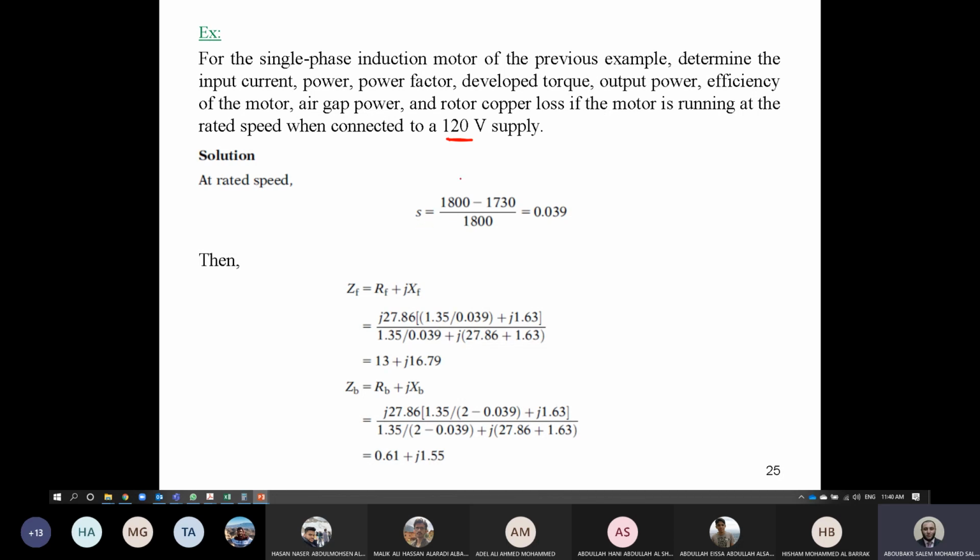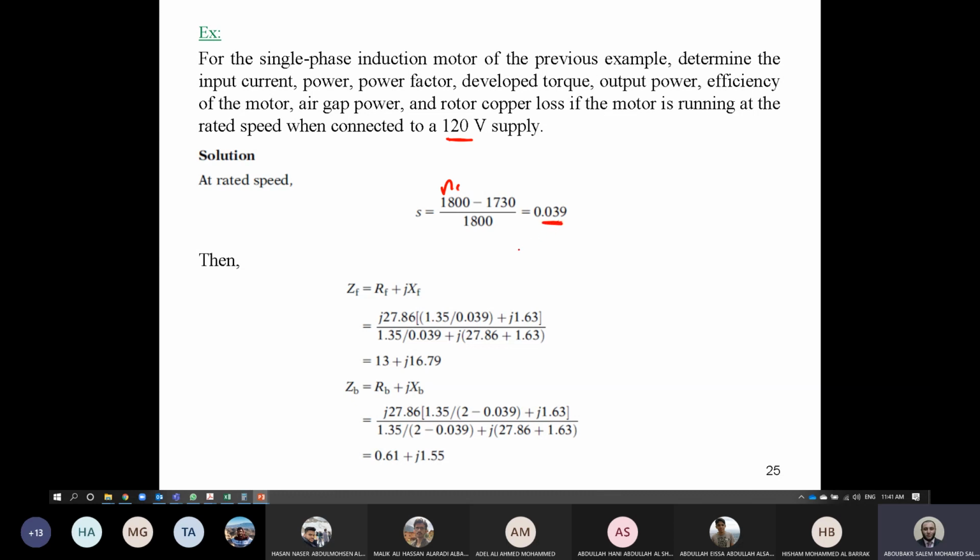So we can say now Ns here is 1800, which is the closest value to 1730, even if the number of poles is not given in the example. Once you know the value of speed, you can get the exact value of synchronous speed. So for 1730, the synchronous speed will be 1800. So you can obtain the value of slip. So this is our slip now.